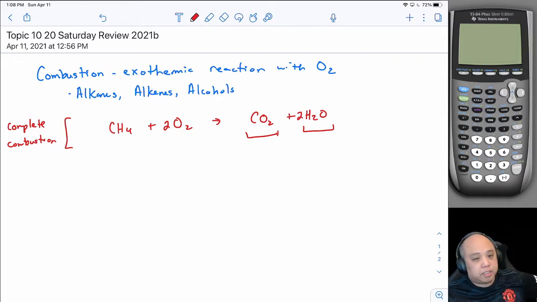The reason it's called complete is because it's completely oxidizing the carbon and the oxygen, I should say. In these reactions, oxygen always completely oxidizes to -2. But what happens is the carbon may not oxidize completely.